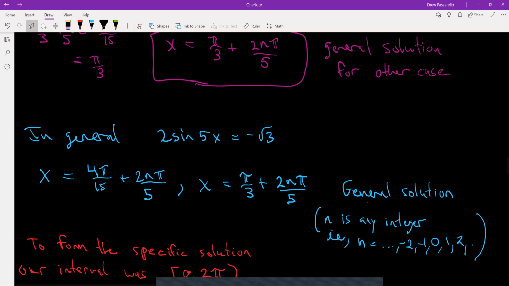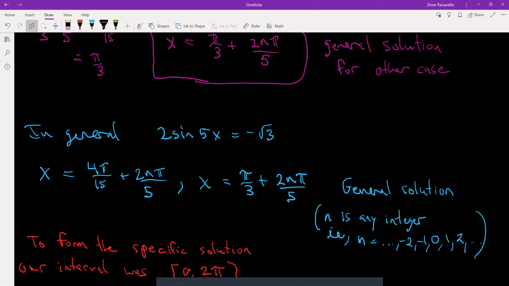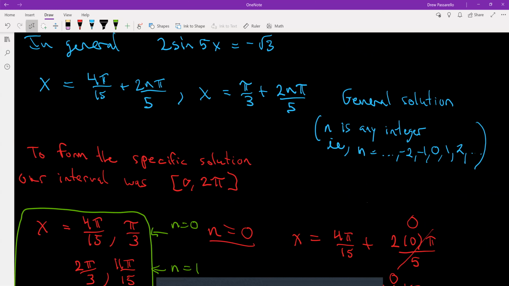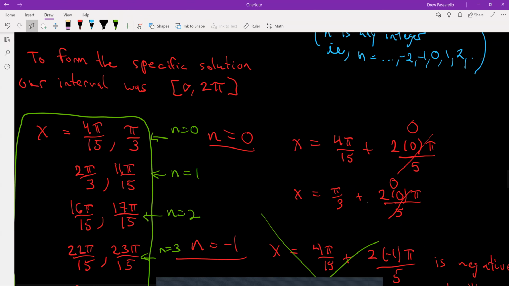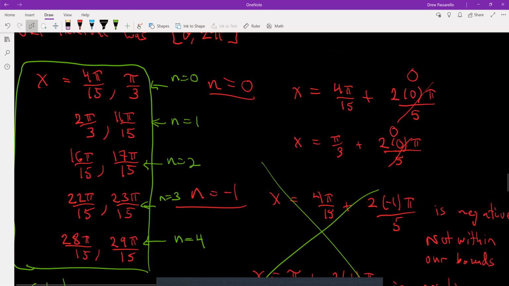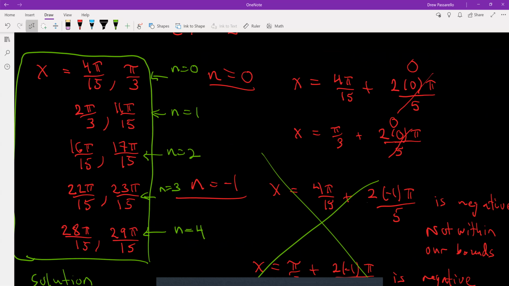So in general, I have these two as my solutions, where n is an integer. Now to tie things together, I need to get specific solutions that are within our bounds of 0 and 2 pi. And all I did was I picked different values for n and plugged it into these general solutions. So when n is 0, that gave me the 4 pi over 15 and pi over 3.